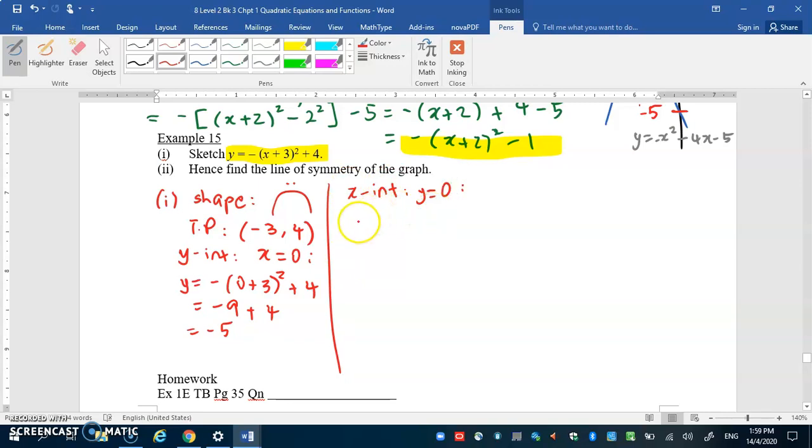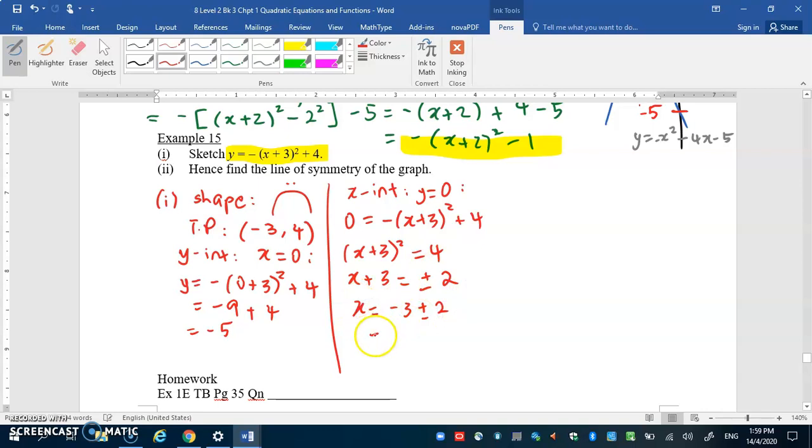So you would get 0 equals negative (x plus 3) whole squared plus 4. Add the (x plus 3) squared on both sides. You would get this. Take square root. Plus minus 2. So x equals negative 3 plus minus 2. You solve, you will get x equals negative 3 plus 2, which is negative 1, or x is negative 3 minus 2, which is negative 5. So these are your two x-intercepts.